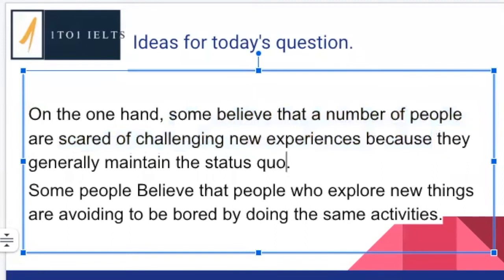So people prefer to keep doing things they're familiar with. But if we were looking at this as an idea for the second idea, it still doesn't work, because what we've done is we've given the reason and then explained the reason. So on the other hand, we'd have some belief that a number of people.